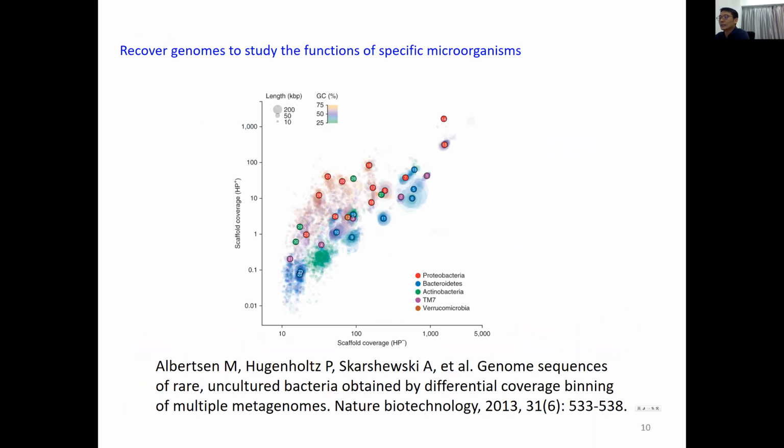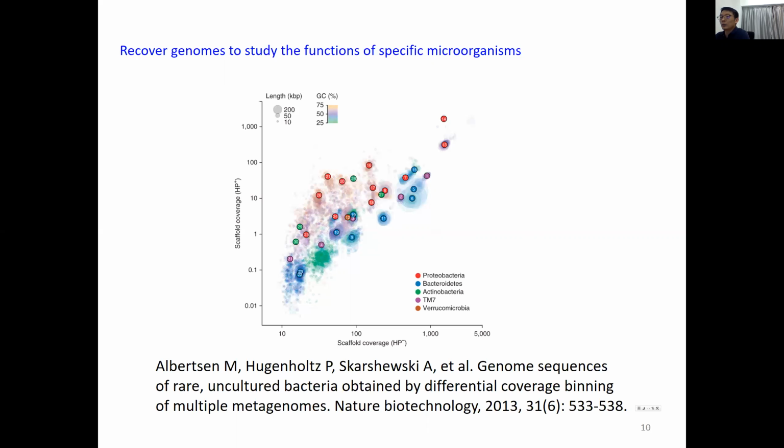This study presented a very useful approach to recover high quality microbial genomes from the metagenomic sequencing. For example, for Anammox bacteria, currently there is no pure culture, so we can use this method to get the draft genome from the environmental sample and then to analyze their function.